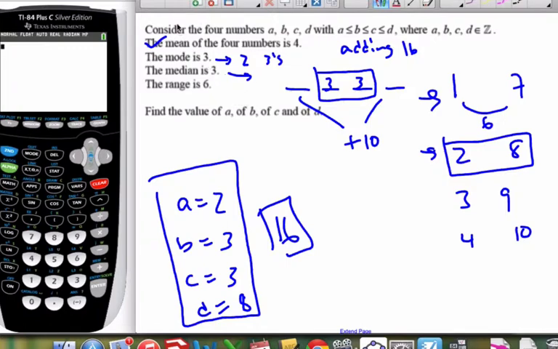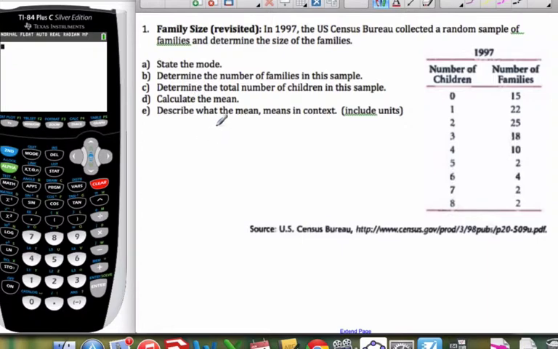Let's try another example here. Here we have family size revisited. In 1997, the U.S. Census Bureau collected samples of families and their sizes. And so, number of children, number of families. Before we start this question, we have to make sense of what this table means. It says I have 0 children in 15 families, 1 child in 22 families.